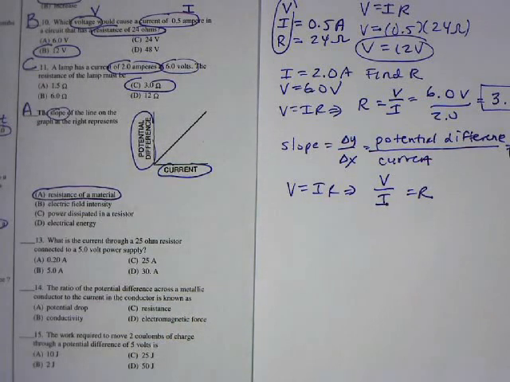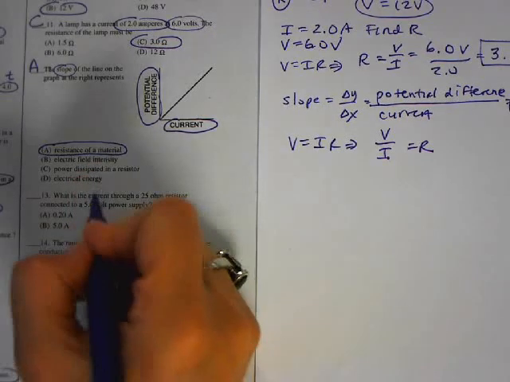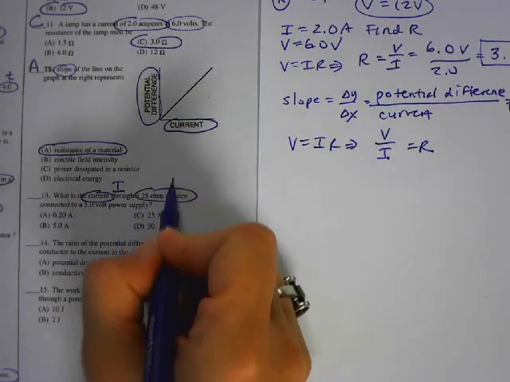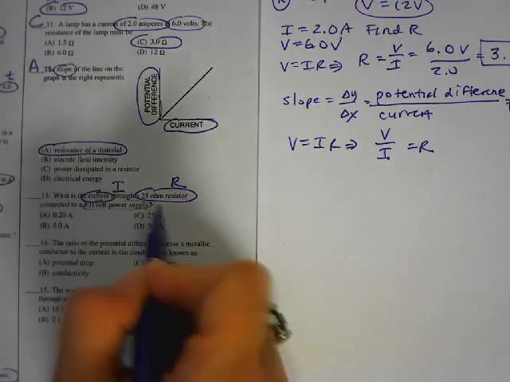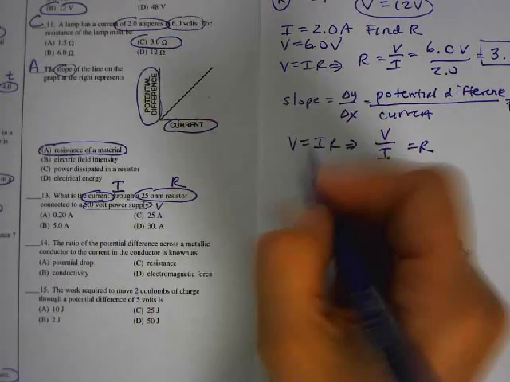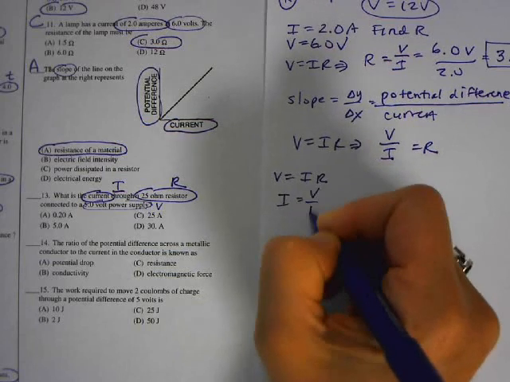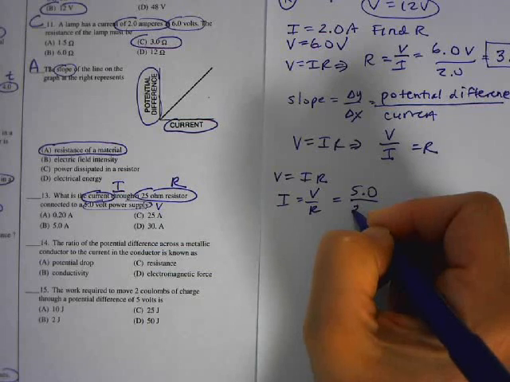Number 13, what is the current, that's I, through a 25 ohm resistor, R, connected to a 5 volt battery supply, that's V. So V is equal to IR, I is equal to V over R, which is 5 divided by 25, which comes out to be 0.2.